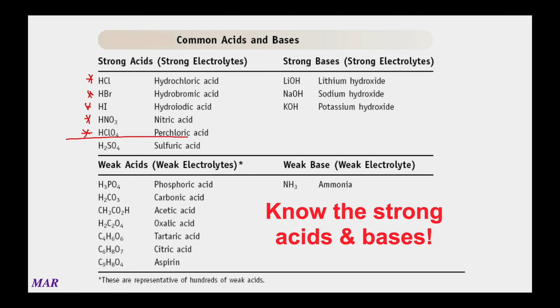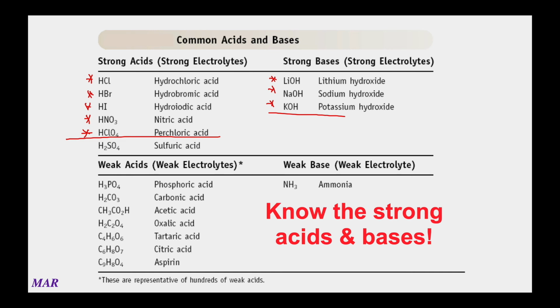Those 5 strong acids we're going to use a lot in this class. Likewise, there's really only 3 strong bases that you need to know: lithium hydroxide, sodium hydroxide, and potassium hydroxide. I would recommend memorizing those 5 strong acids and 3 strong bases because you're going to run into them a lot.